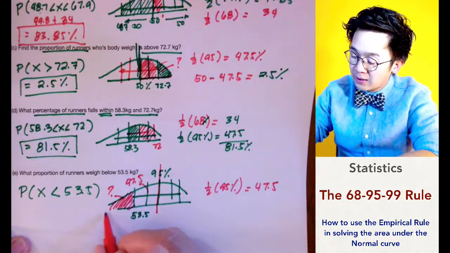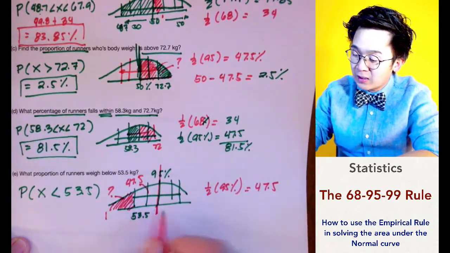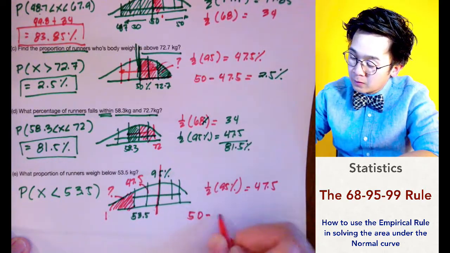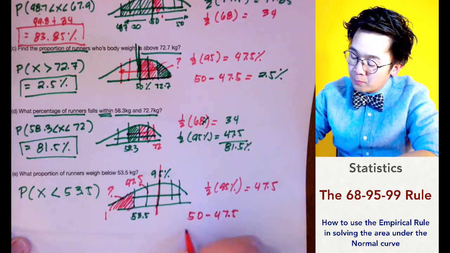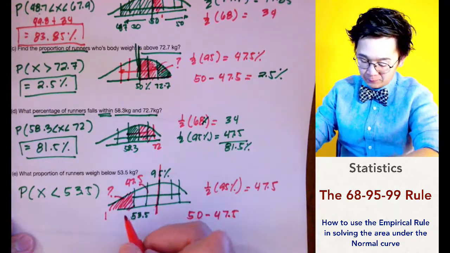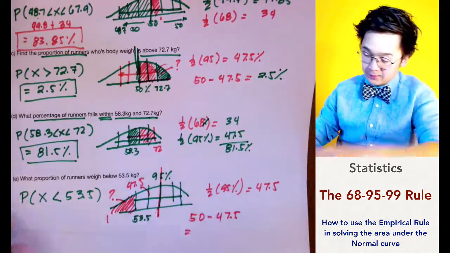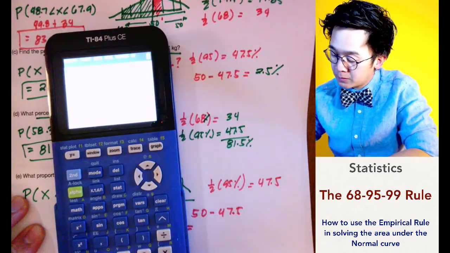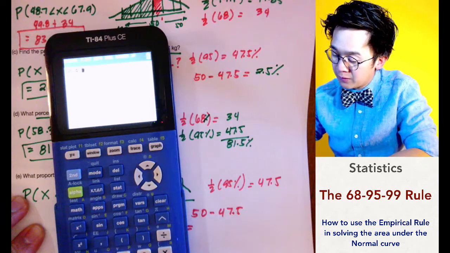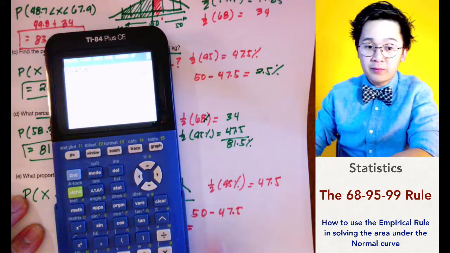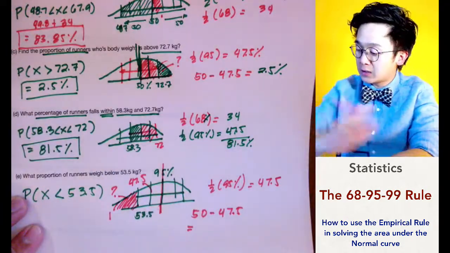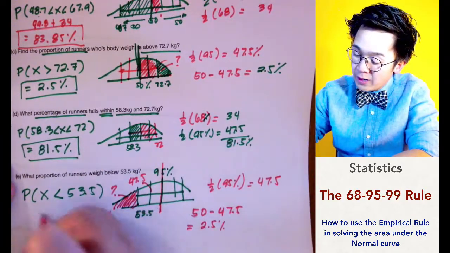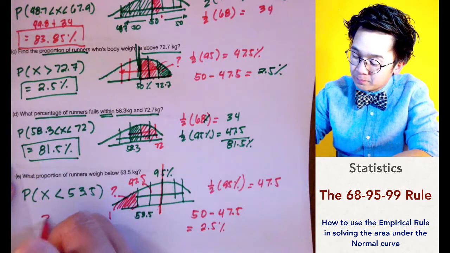So, ang gagawin natin is kukunin natin yung difference ng 47.5 at ng 50% para makuha natin yung area na hinahanap natin. At yung area na yan, so 50 minus 47.5 is 2.5. So, gamit ang calculator, 2.5%. So, ito ay 2.5%.